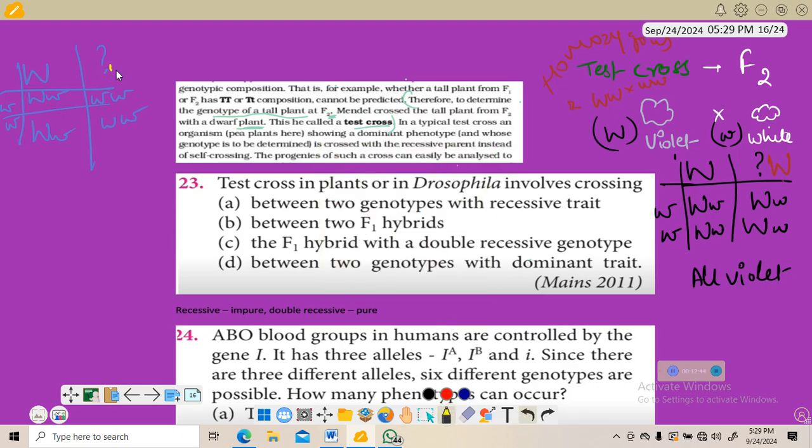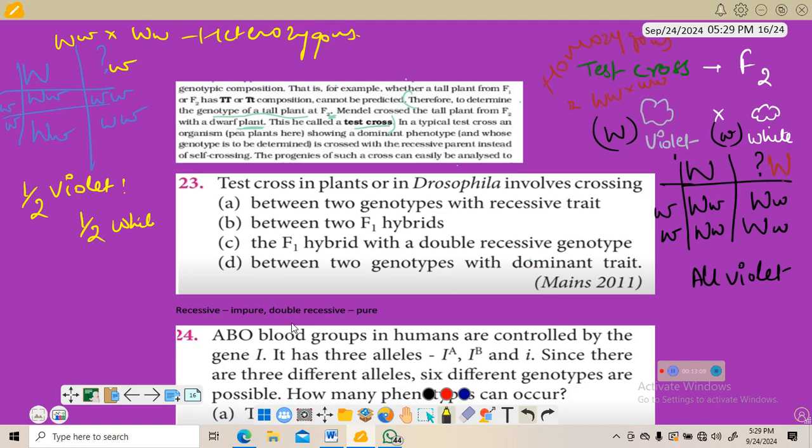So if small w, that means the recessive trait would be there, then only it's possible. That means half violet and half white. That means the unknown flower was heterozygous. So this is about test cross.